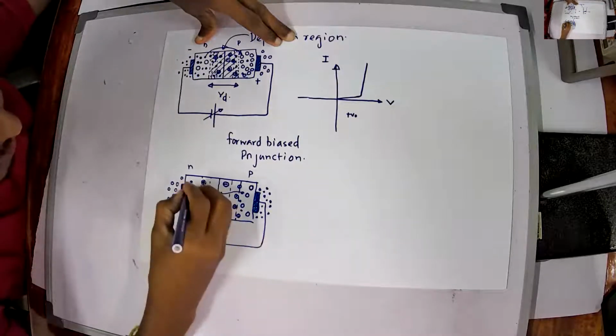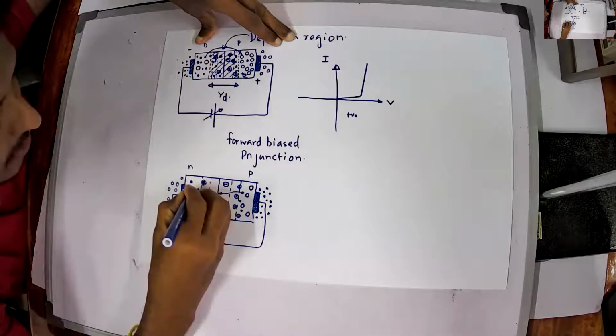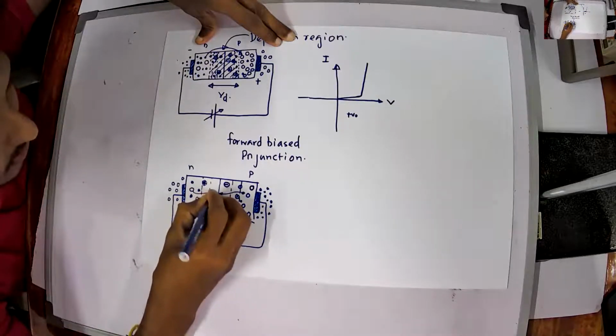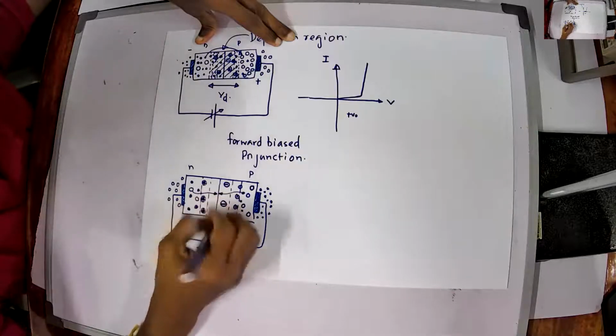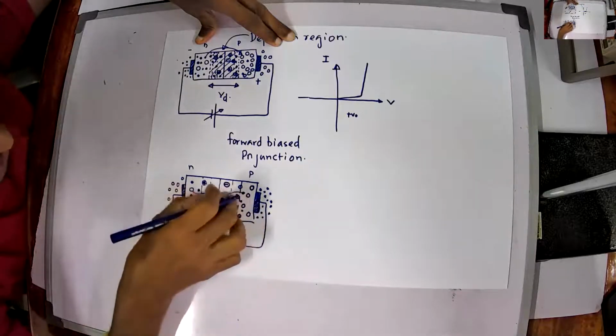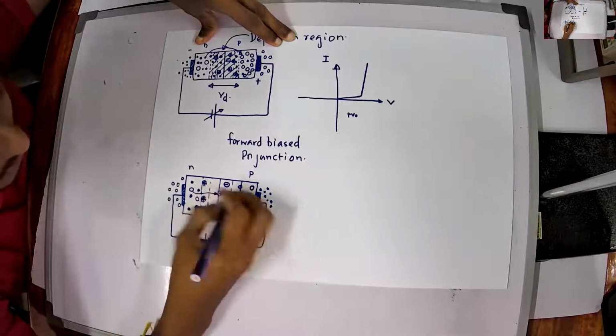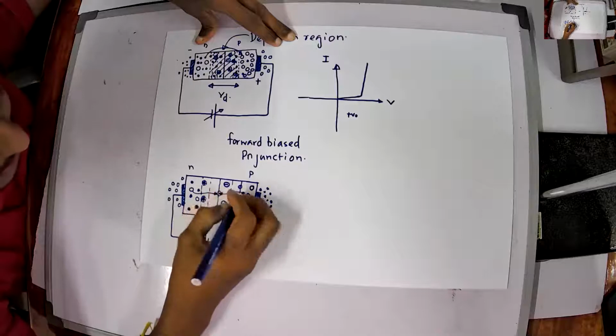At the same time, at the N type, the holes can diffuse through the positive ion stack, and then they can combine at the interface again to make an electron hole pair.